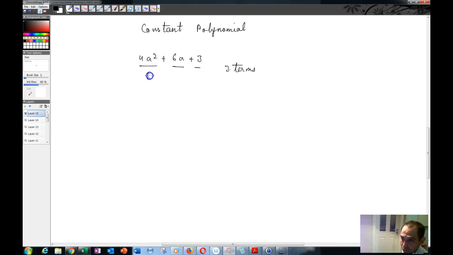If you were to rewrite this whole thing, you would write it as 4a squared plus 6a plus 3 times a raised to the power 0. A raised to the power 0 is equal to 1, so 1 times 3 is equal to 3. Now suppose that I take this term of this polynomial and write it as a 3.